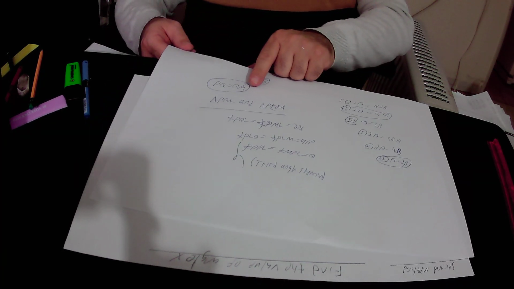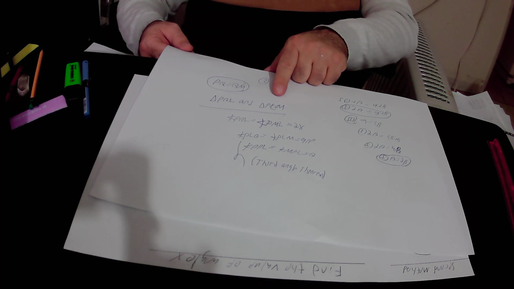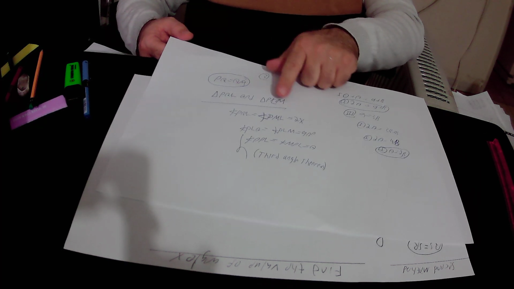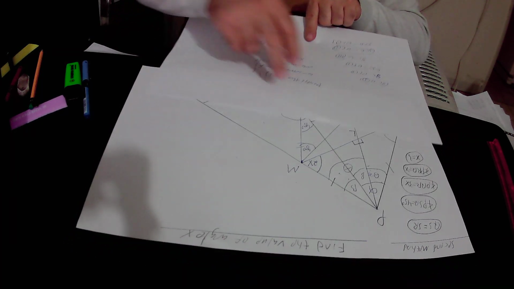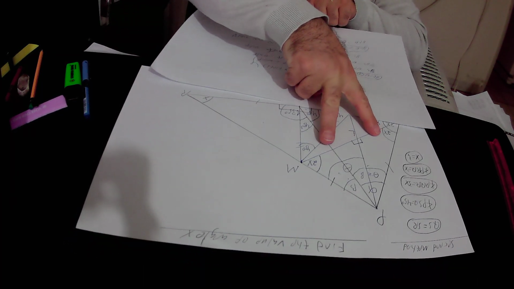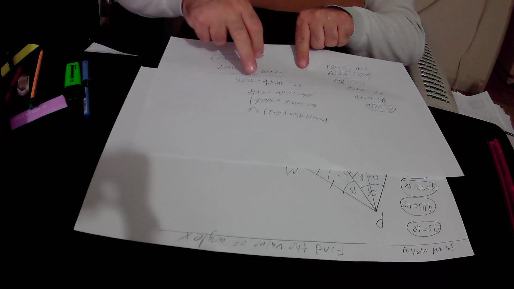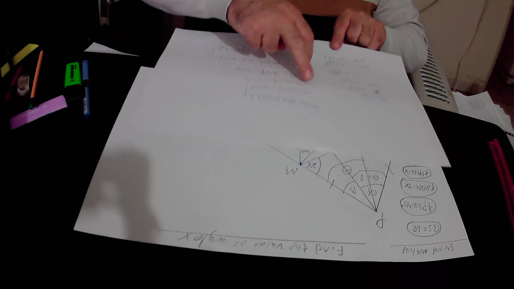Again, in triangles PQL and PLM, we have angle PQL equals angle PML equals 2x. Those two angles are both equal to 2x. Angle PLQ equals angle PLM equals 90 degrees.